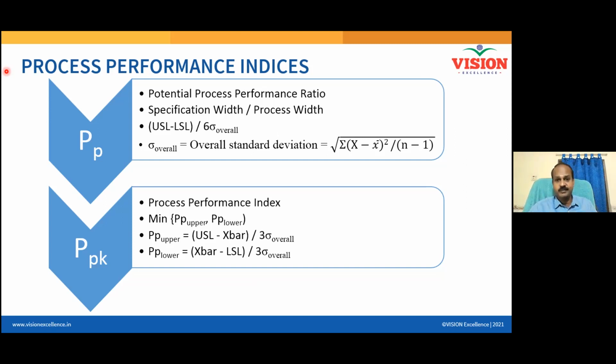And that can impact my result. Got it? So I need to consider what will be my capability if all these disturbances come. And that will be captured in your Ppk. In order to understand that, I will use all the data available with me to calculate the standard deviation.